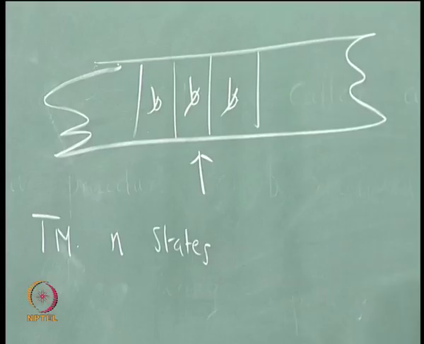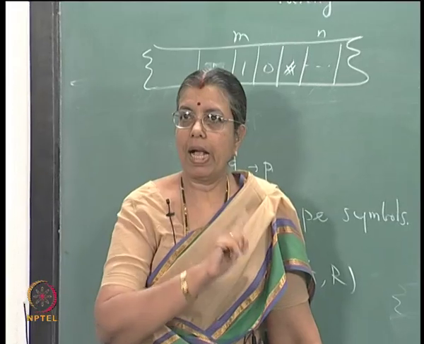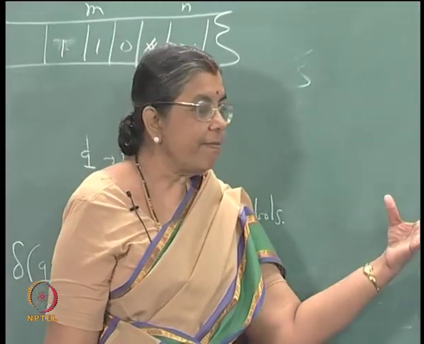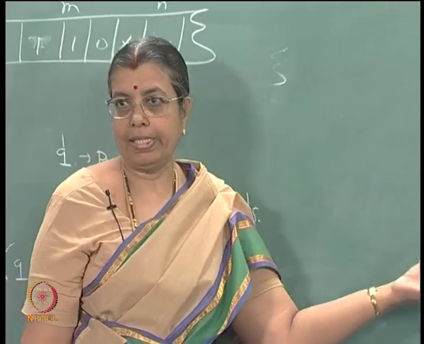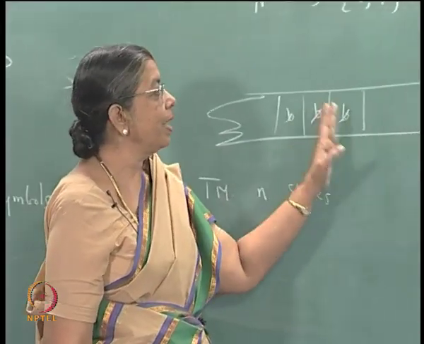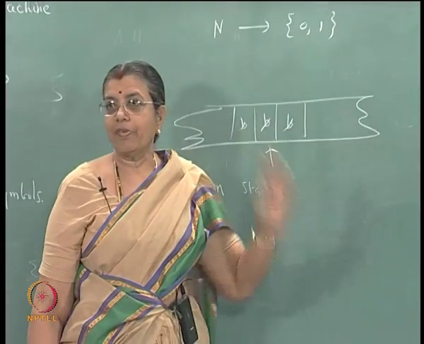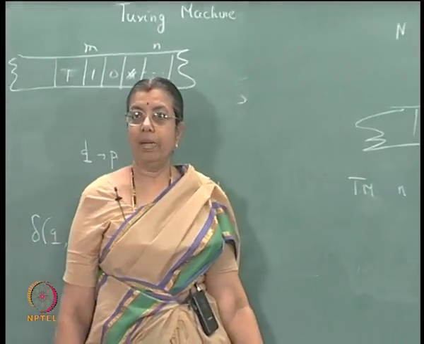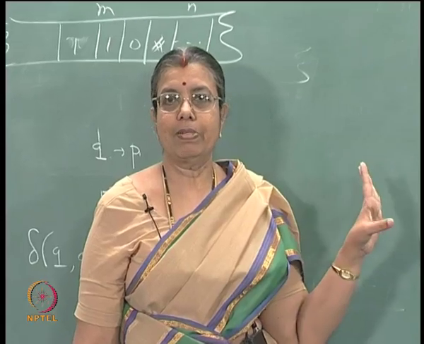It should print ones and ultimately halt. There may be several Turing machines like that with n states. It should print some ones on the tape and then ultimately halt. Please remember that. You can have a Turing machine which keeps on printing 1, 1, 1, 1, 1 and going on to infinity without stopping, but ultimately this machine has to halt.